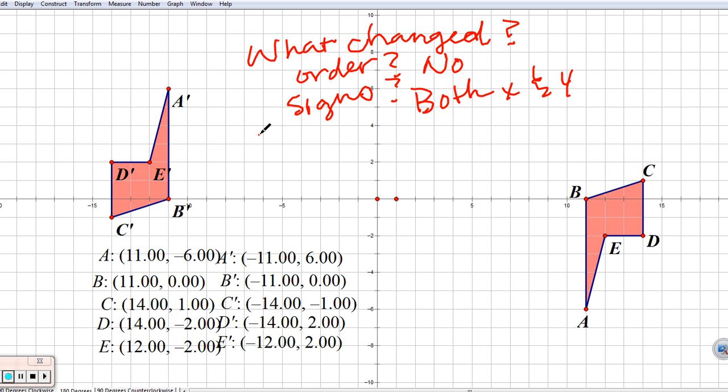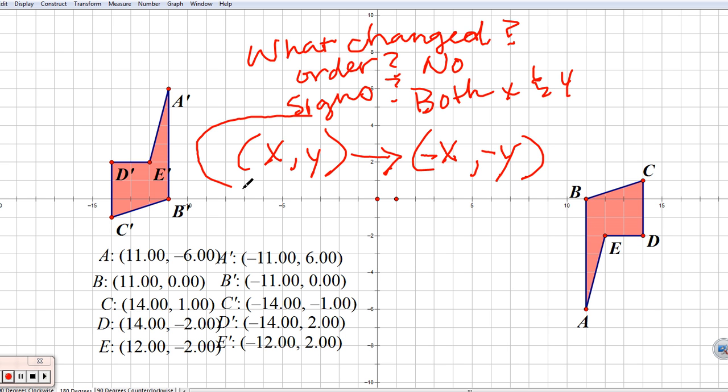So let's look at the arrow notation. All our points, X and Y, our first value still stayed first in the second set of parentheses, but with a sign change. Our second value still stayed second, but with a sign change. This is our arrow notation for a 180-degree rotation.